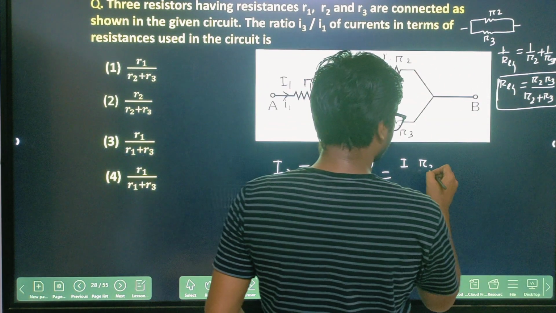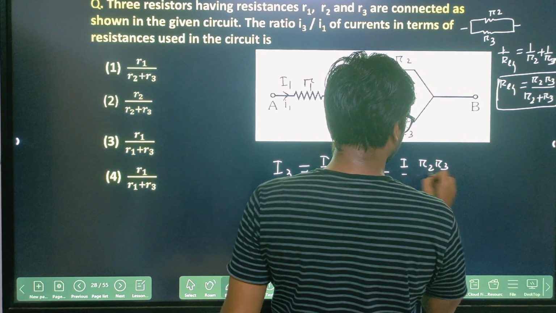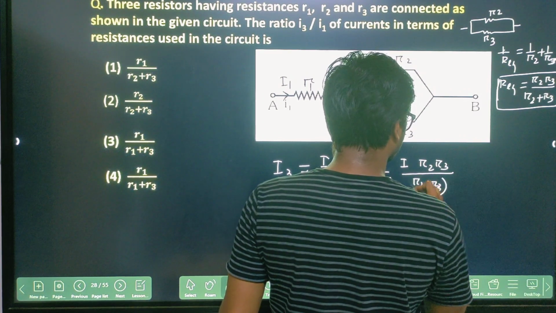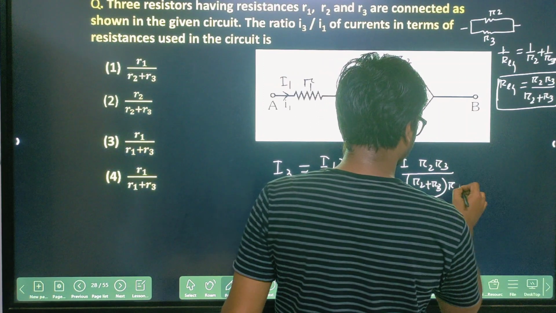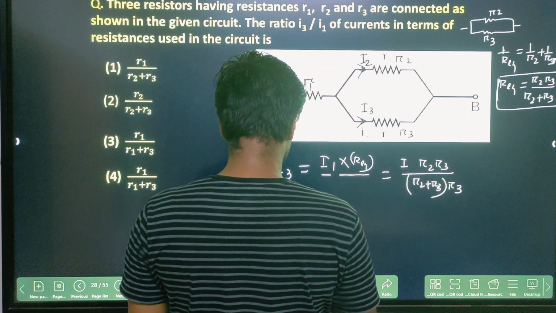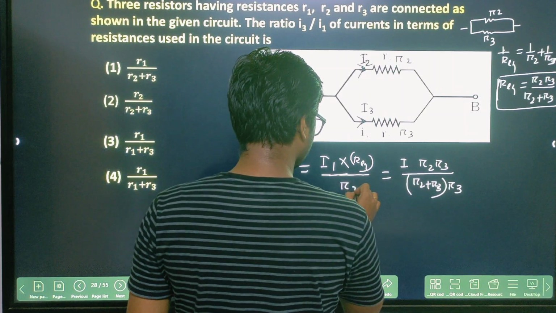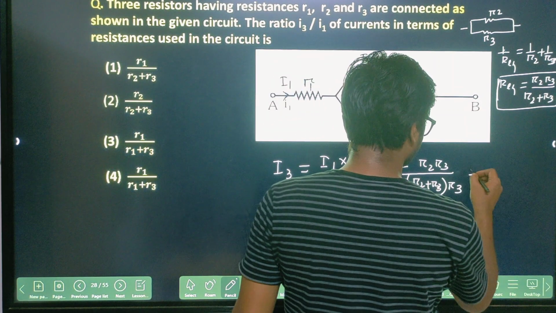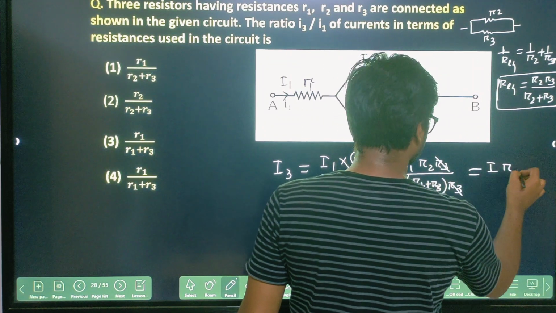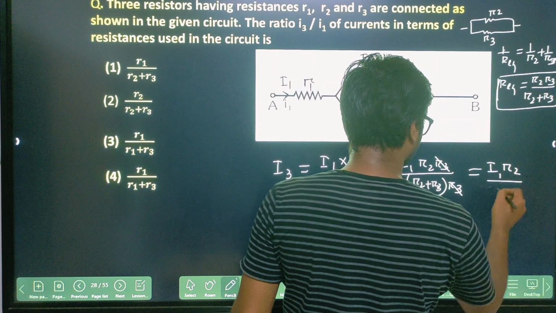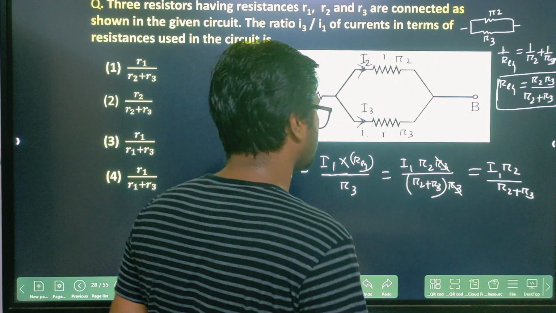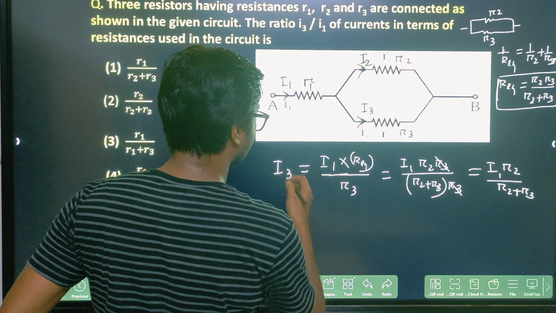So you see here, this will be R2 R3 divided by R2 plus R3 into R3, right? So here you have to write everywhere small. So R3 gets cancelled out. This will be I1 into R2 divided by R2 plus R3. So what will be the option?